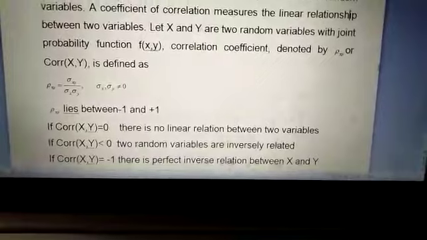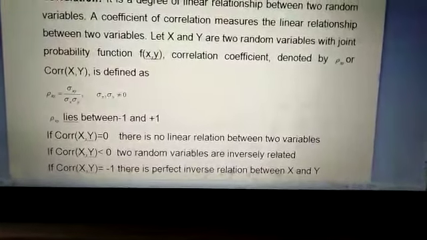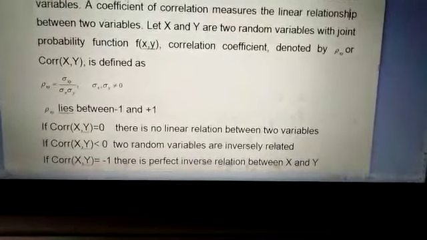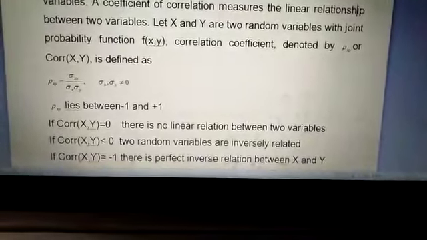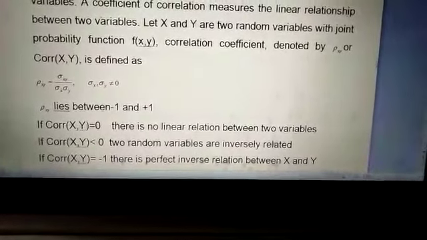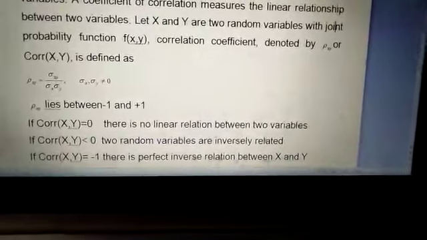If it is exactly -1, there is a perfect inverse relationship between x and y, meaning that if one variable decreases, the other increases in the same ratio.